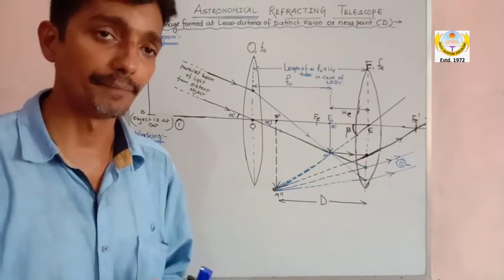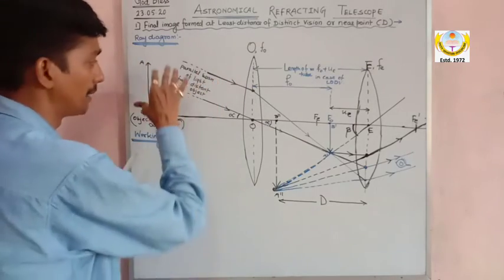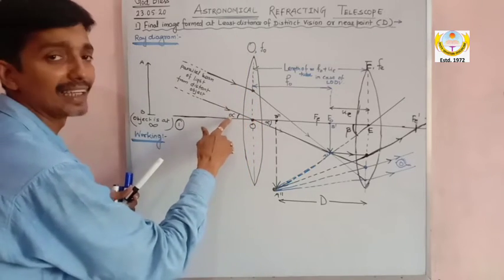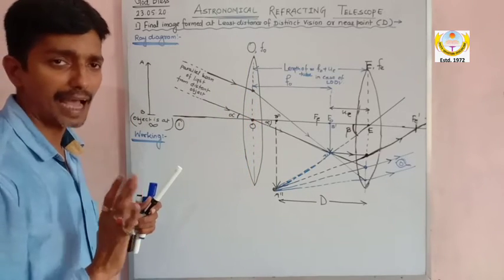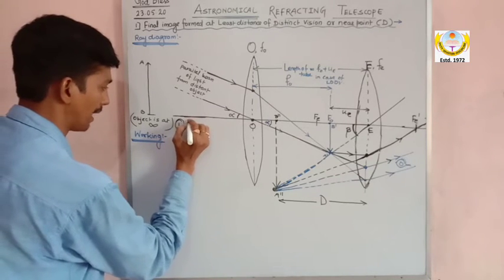So my dear, the first point: you all can see the parallel beam of light coming from the distant object falling on the objective lens, making an angle alpha. I am sure you are all clear. So how do I write this?